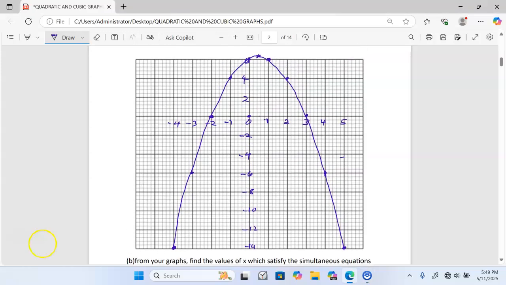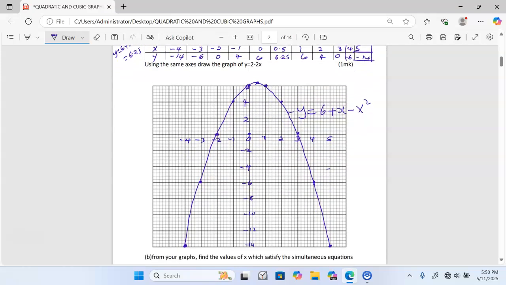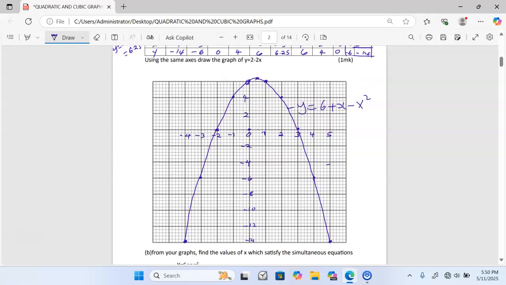Now we have our curve drawn, and after drawing our curve, I have always said it's good that we label our curve as y being equal to 6 plus x minus x squared, because you cannot score if you have not named your curve.